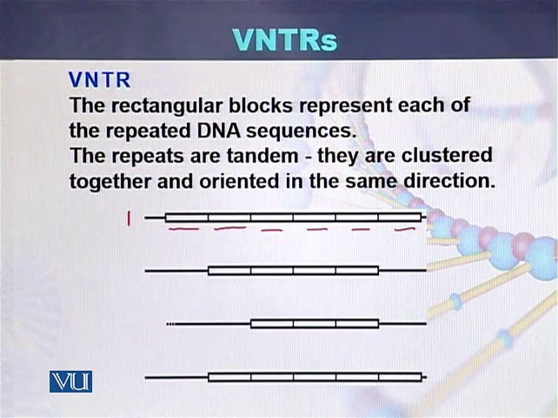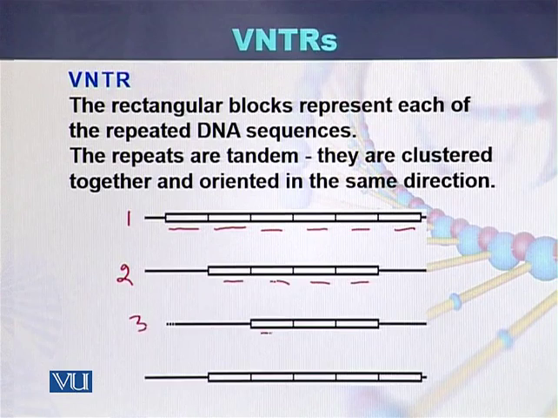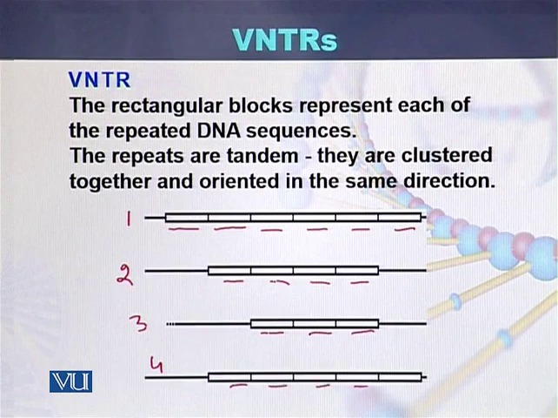They are clustered together and oriented in the same direction. In individual 2, the same DNA sequence is present 4 times. In individual 3, the same DNA sequence 3 times. In individual 4, the same DNA sequence is present 5 times.